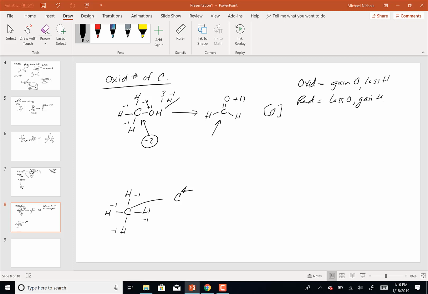That's going to be +1 because the oxygen's losing. 2 +1s, a -1 and a -1, so a 0. So we're going to take each bond individually. I guess when they wrote that and said sigma bond, they really weren't talking about taking each bond.